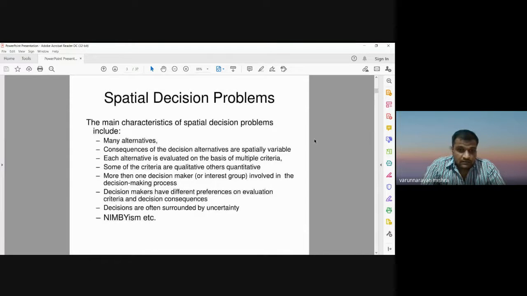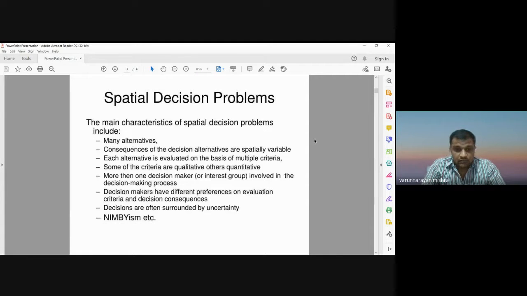Each alternative is evaluated on the basis of multiple criteria, and some of the criteria are qualitative. More than one decision maker is involved in the decision making process, and the decision makers have different preferences on the evaluation criteria and the decision consequences.